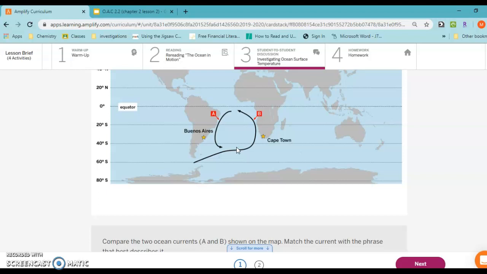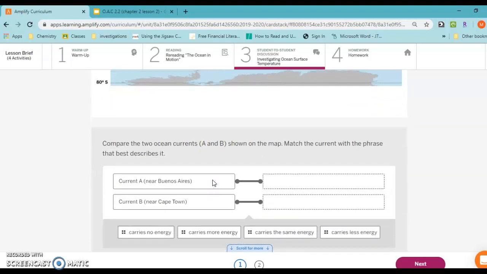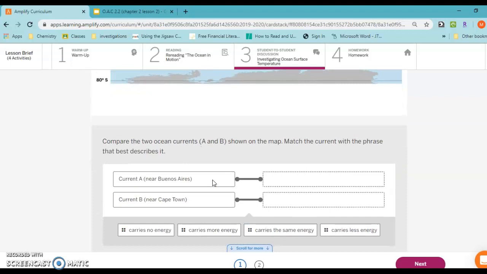Since we learned that the ocean's currents can affect surface temperature, right? We're looking at these locations, and I know that if it comes by, it's carrying warmer energy because it's coming down from the equator. So, let's look at which answer best fits there.